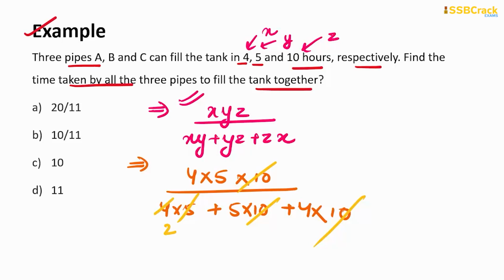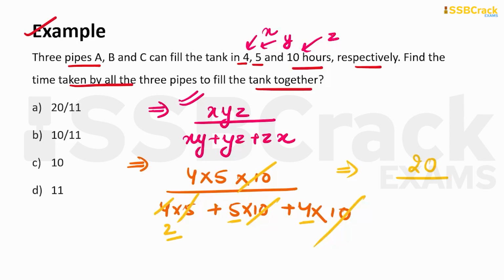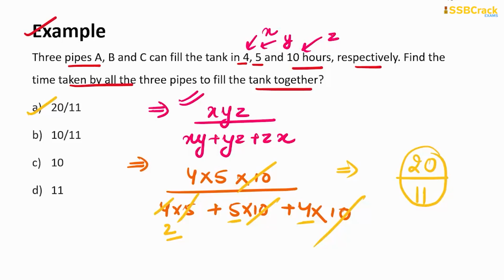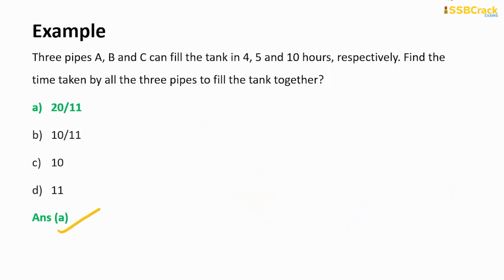So now again we can simplify it. So it will be 5 4s are 20 divided by 5 plus 2 is 7 and 7 plus 4 will be 11. Hence the answer should be 20 by 11. That is option A should be the correct answer. Let's check. So yes, option A is correct only.